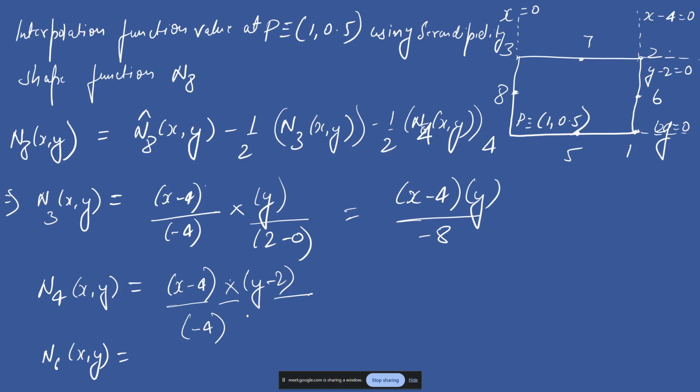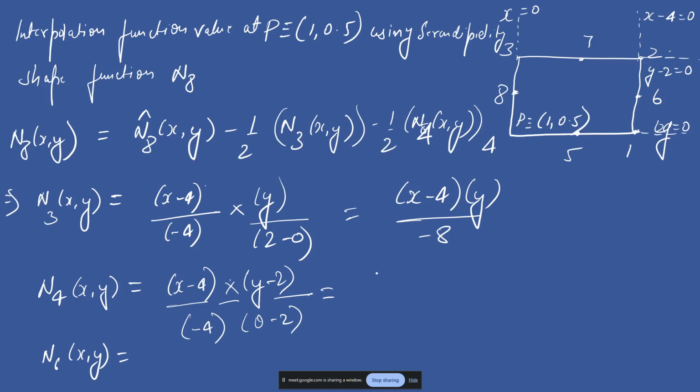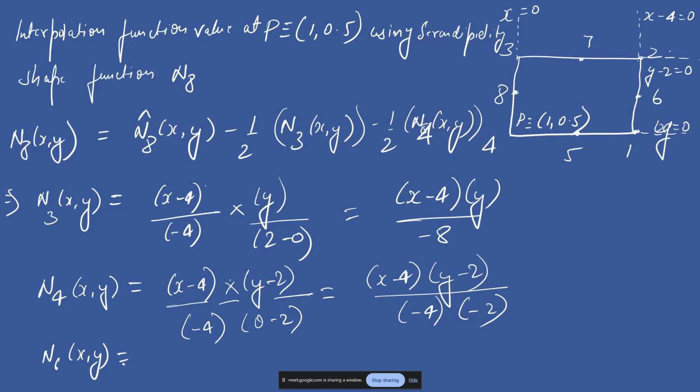So y is 0 minus 2. So again the function value which is there with you x minus 4, y minus 2, and minus 4 and minus 2. So that is your answer.